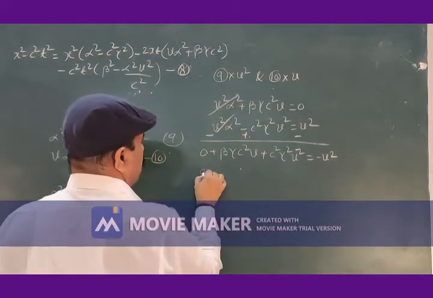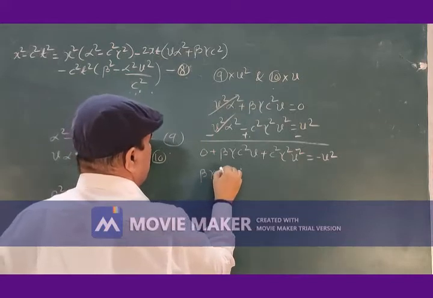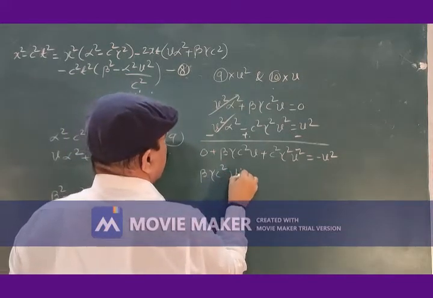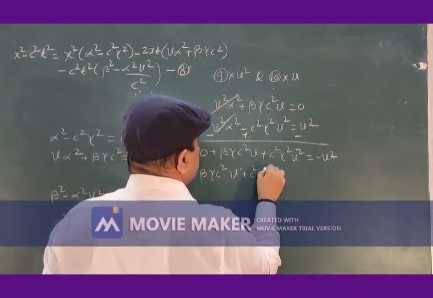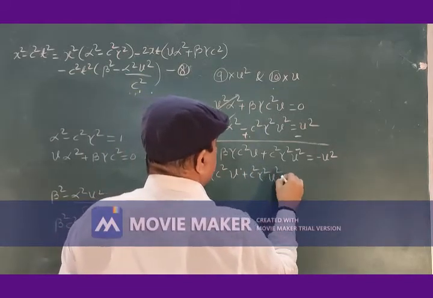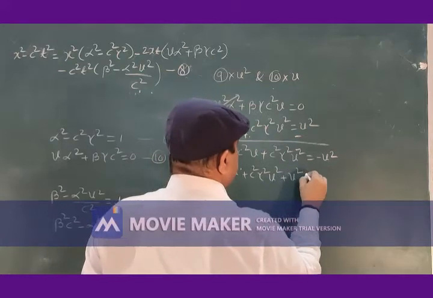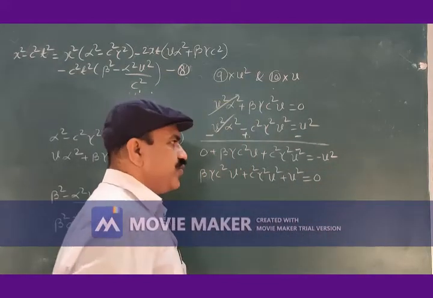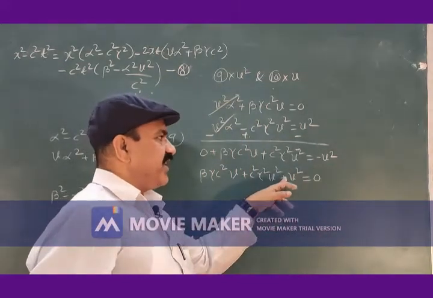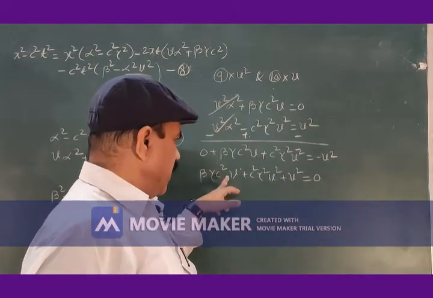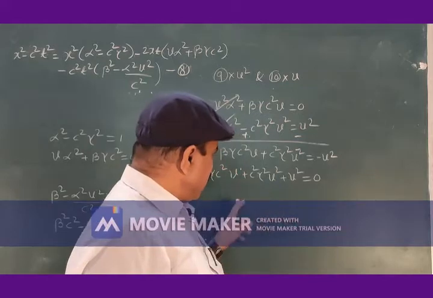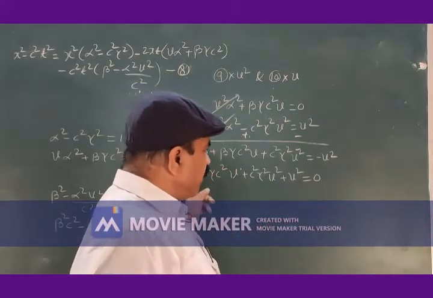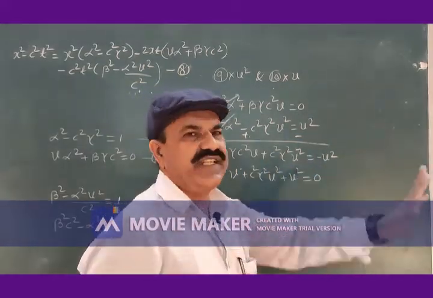So beta gamma c square v plus c square gamma square v square plus v square is equal to 0. Let us take v common from all three terms and send it to the other side.